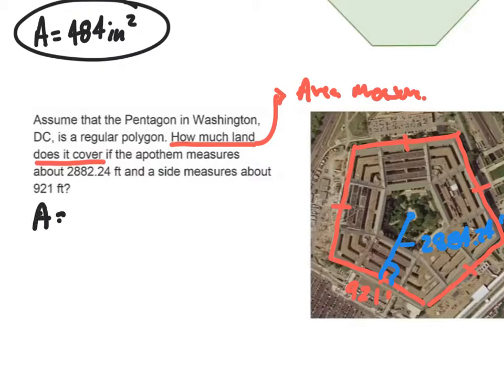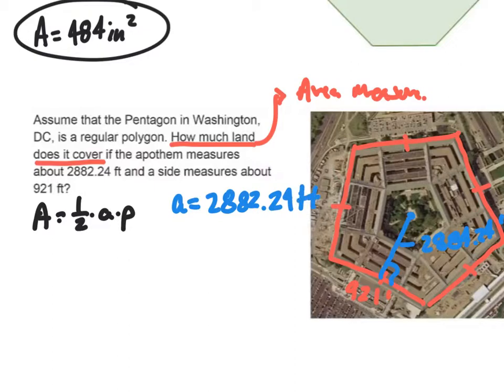Area is equal to 1/2 times the apothem times the perimeter, okay? I know my value for the apothem: A is equal to 2,882.24 feet.